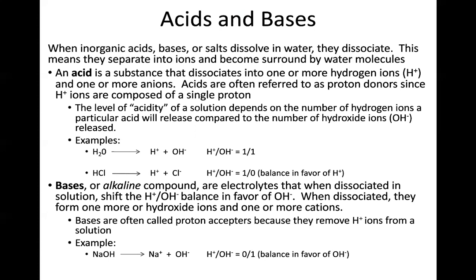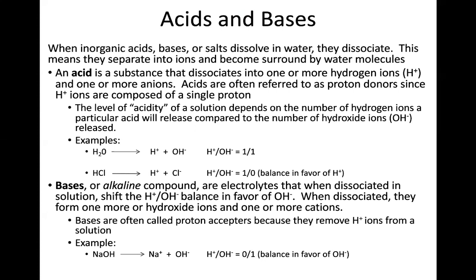H2O, we all know, is water, right? If you dissociate water, we form 1 hydrogen ion and 1 hydroxide. Well, if you look at the difference between the 2, or you look at the ratio, there's 1 hydrogen ion, 1 hydroxide ion. To be an acid, we need more hydrogen ions than hydroxides. 1 and 1 are equal, correct? So is water an acid?